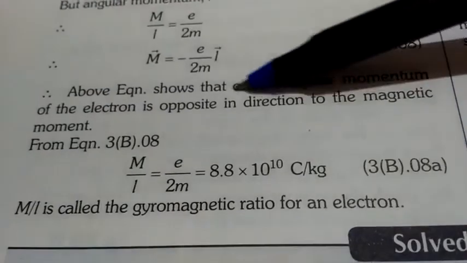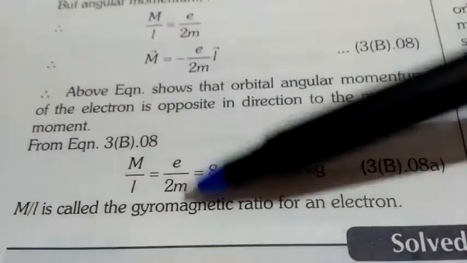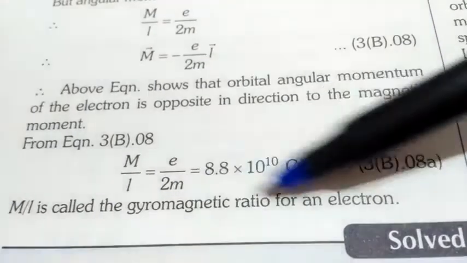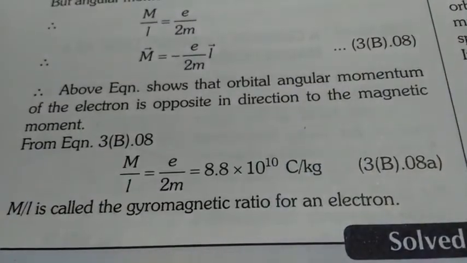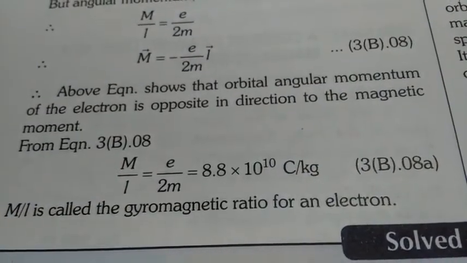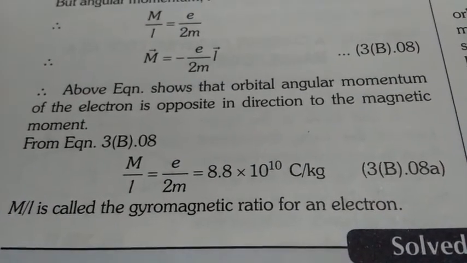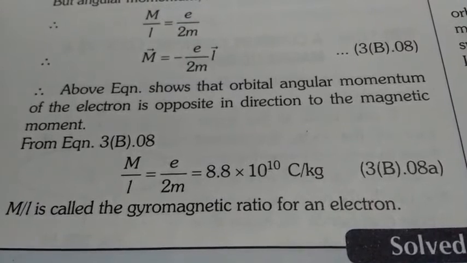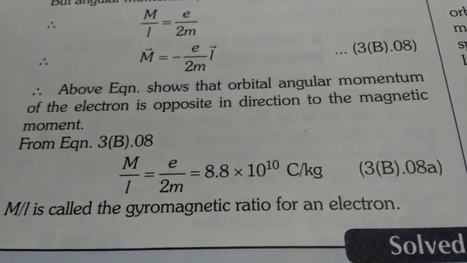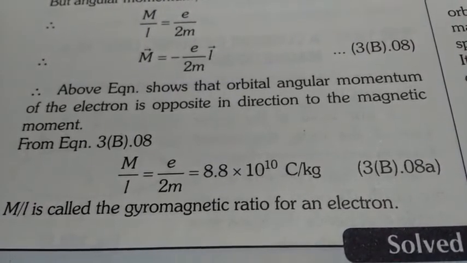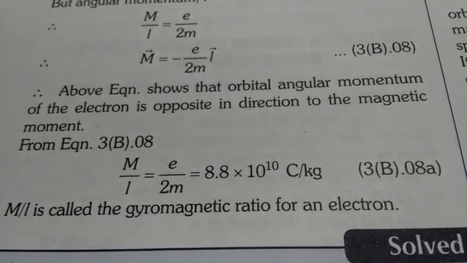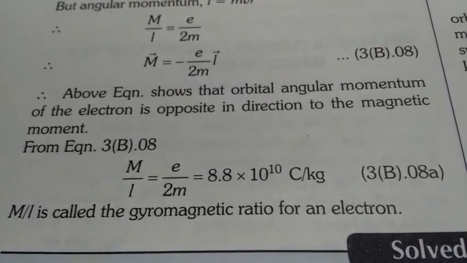Then from this equation, if we put the values of e and m, the charge of the electron and the mass of the electron, the value of M upon L we get is 8.8 into 10 to the power 10 coulomb per kilogram. M upon L is called the gyromagnetic ratio for an electron. This gyromagnetic ratio is very important.